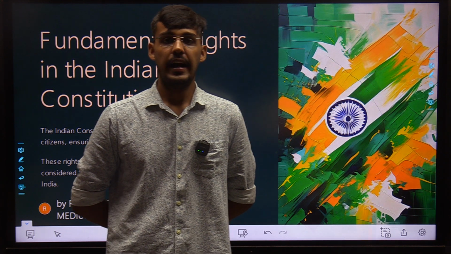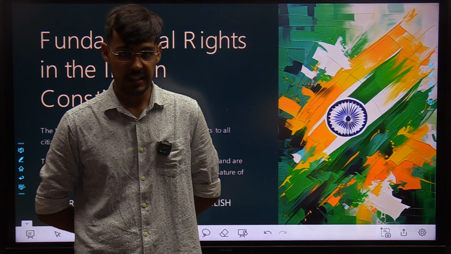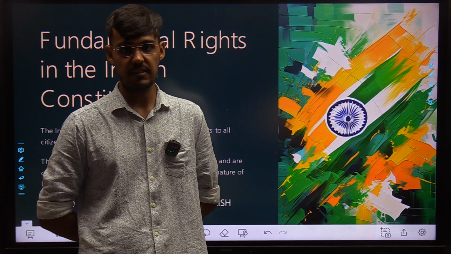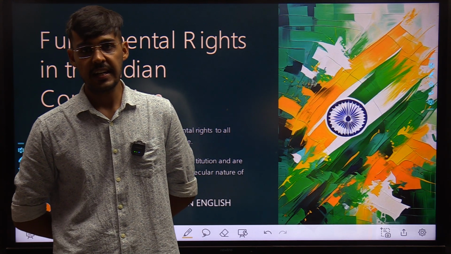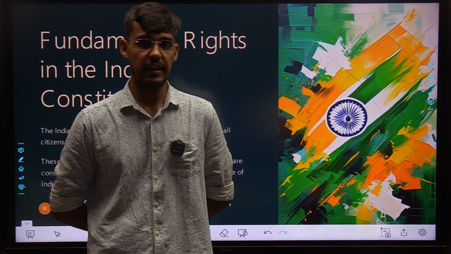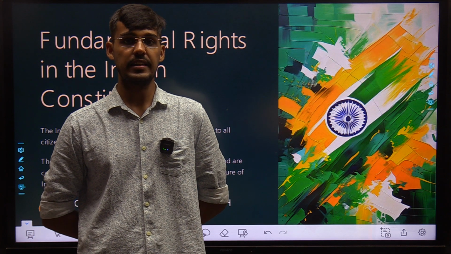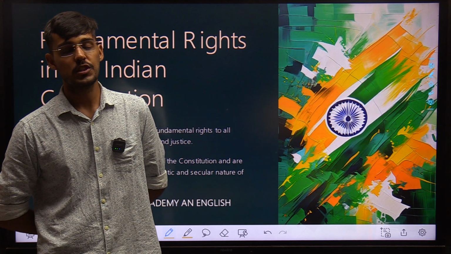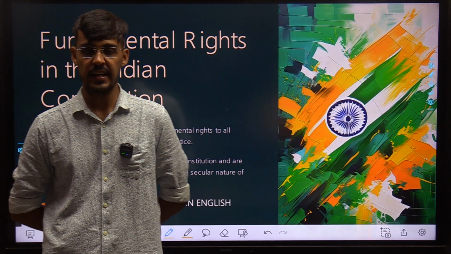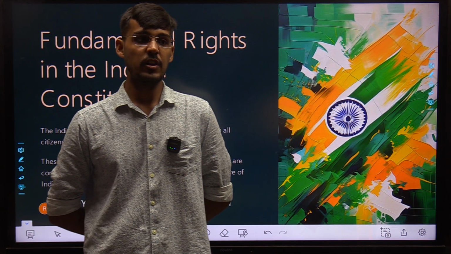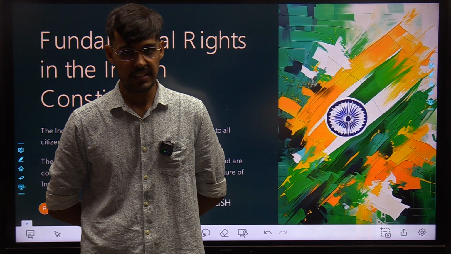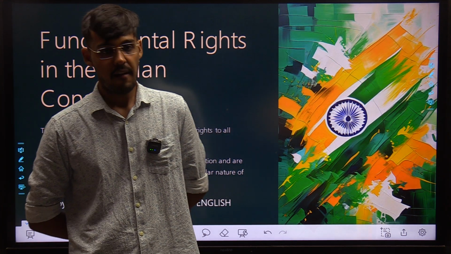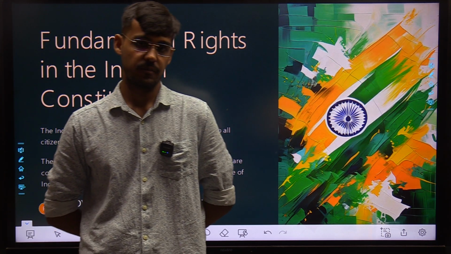For example, at the central level we have the Prime Minister, but at the state level we also have a Chief Minister. We have the President at the central level, but we also have governors in the respective states. We have the Parliament, that is Lok Sabha, Rajya Sabha and the President at the central level, but we also have the state legislative assemblies at the state level. This is the meaning of federalism.